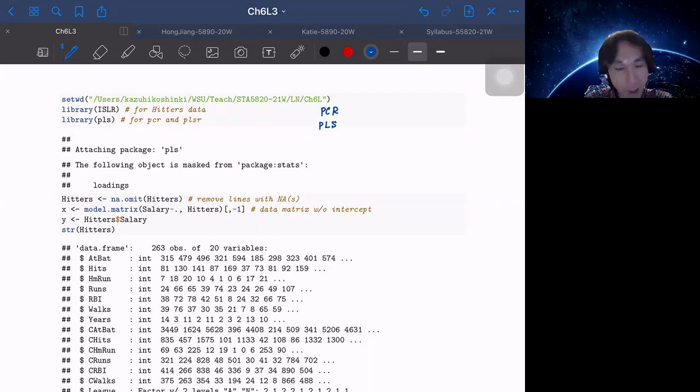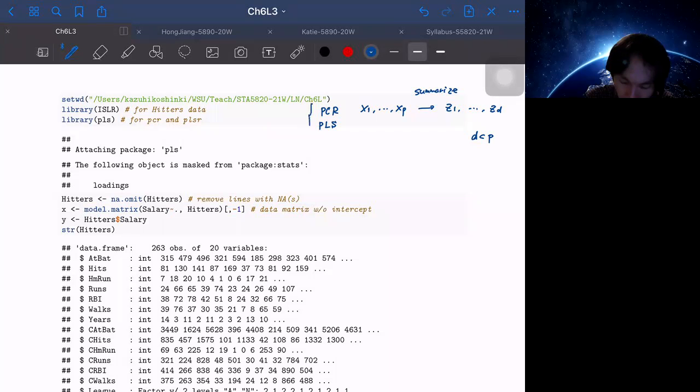I mean, we summarize the large number of predictors x1 to xp into a small number of summarized variables z1 to zd, and these, of course, are much smaller than p.